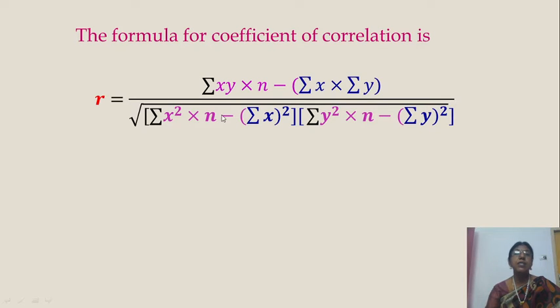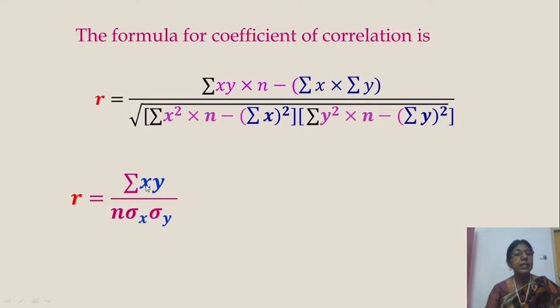This formula is also usually used: sigma x, sigma y. What are sigma x and sigma y? Sigma x is the SD of the x data, and sigma y is the standard deviation of the y data.